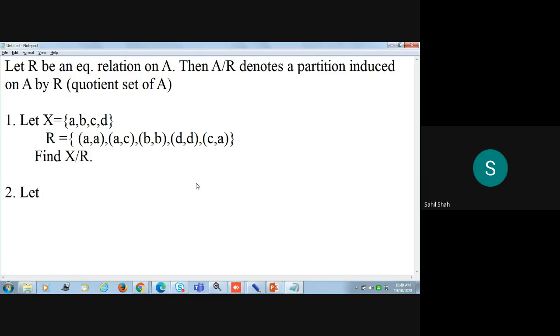Let A equal to {11, 44, 55, 99}. Let R denote an equivalence relation.